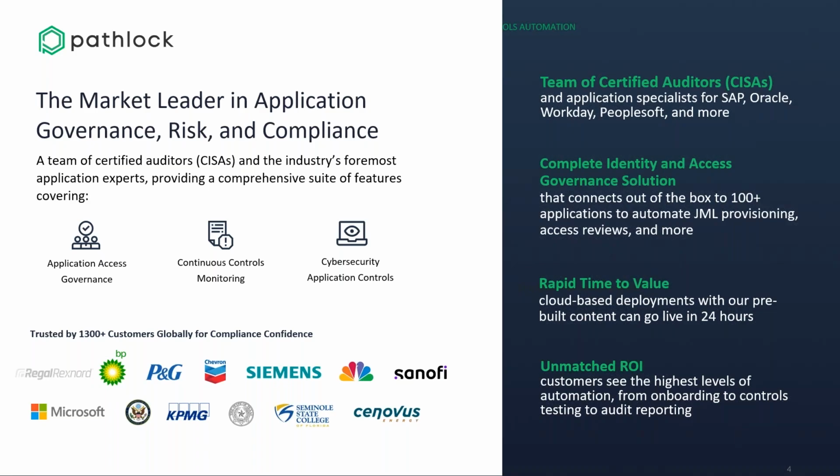We've got over 1,300 customers worldwide, ranging from some of the biggest SAP installations in the world to much smaller, mid-size, and small operations. We've got a team of certified auditors, as well as GRC specialists, and what I think are some truly gifted programmers working for us.